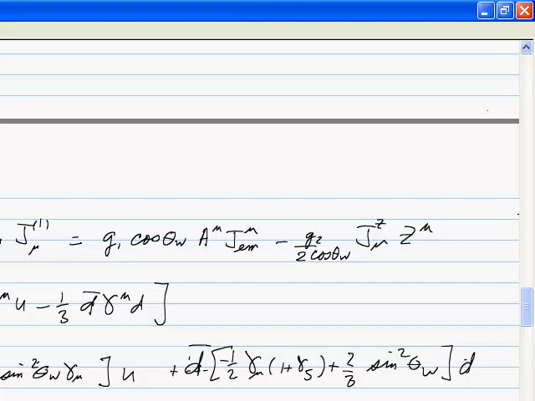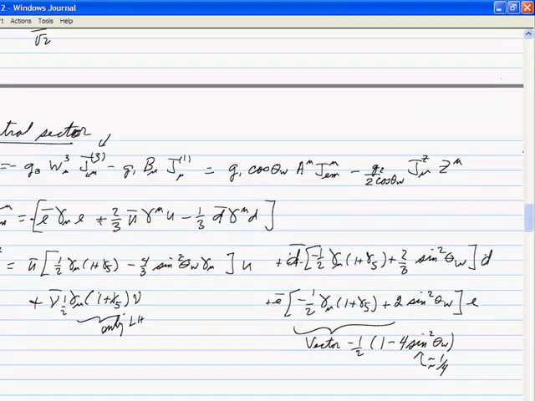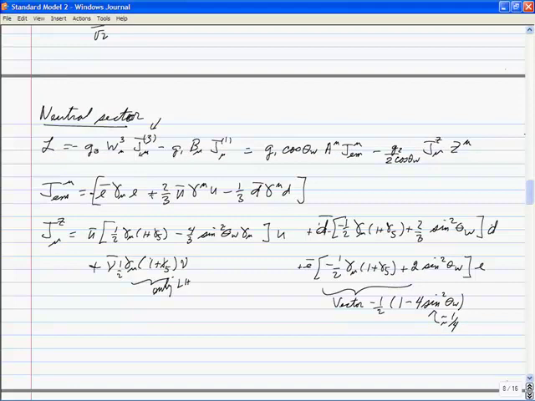This is something that Krishna Kumar is taking advantage of in his experiments. If you measure this small quantity, you get a very good measurement of the mixing angle. If you measured one of the others, the vector current, you have to subtract off 1/2, and so your relative error goes up.